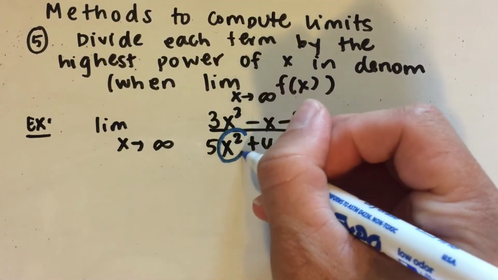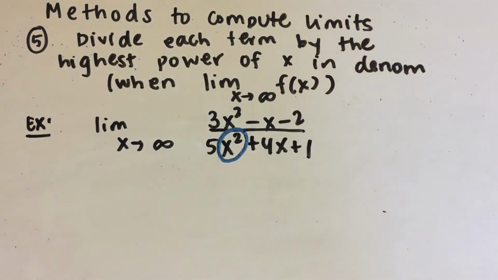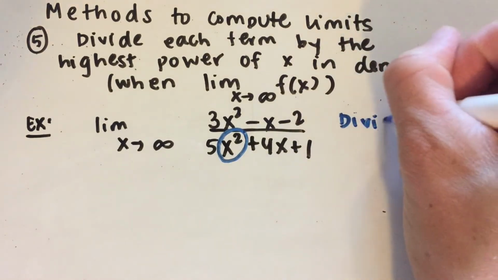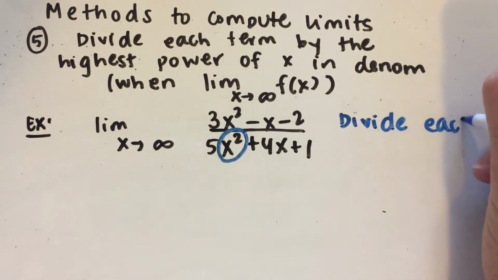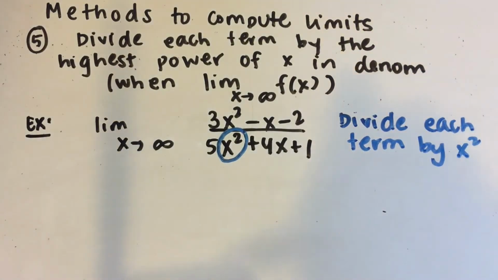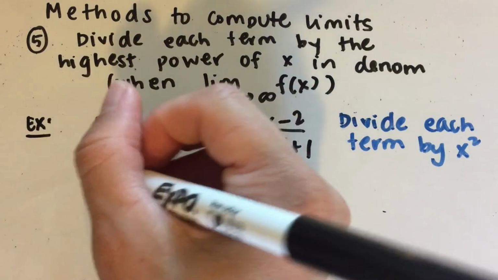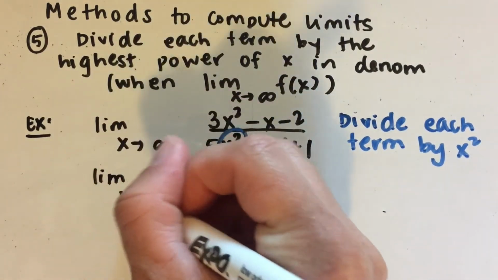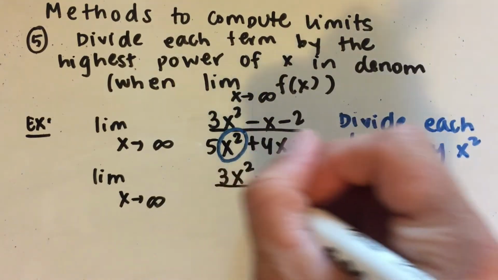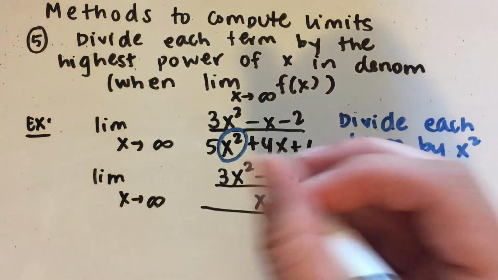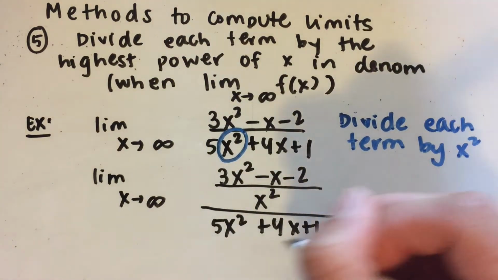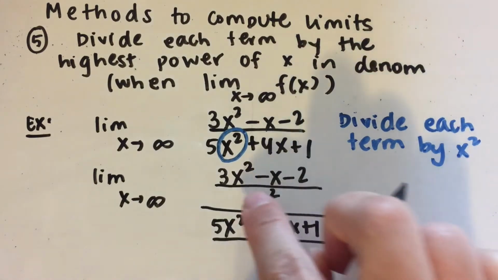My highest power of x is x squared. So I'm going to divide each term by x squared. So here I get the limit as x goes to infinity of 3x squared minus x minus 2 divided by x squared over 5x squared plus 4x plus 1 divided by x squared.